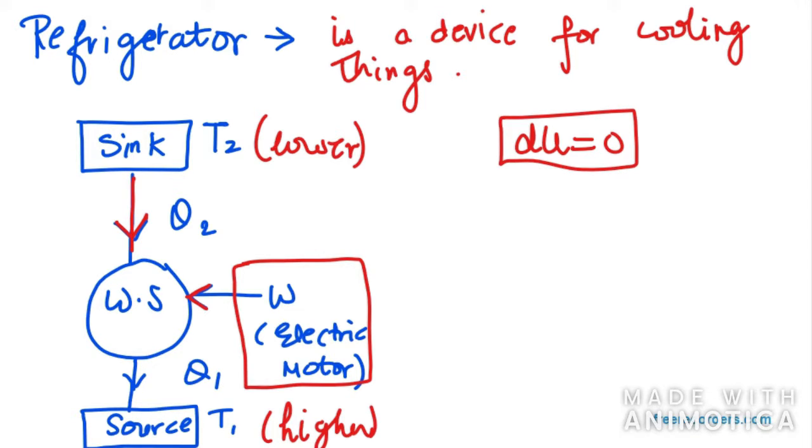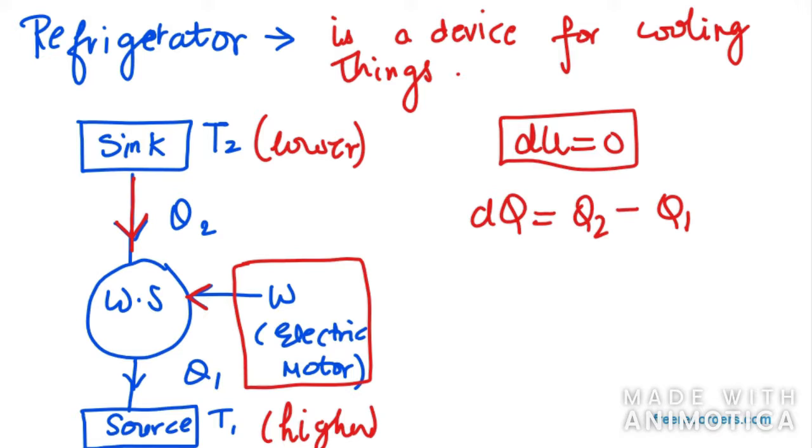But in this case the heat exchanged, del Q, will be Q2 minus Q1. And what will be the work done? It will be negative because we are providing it with work.